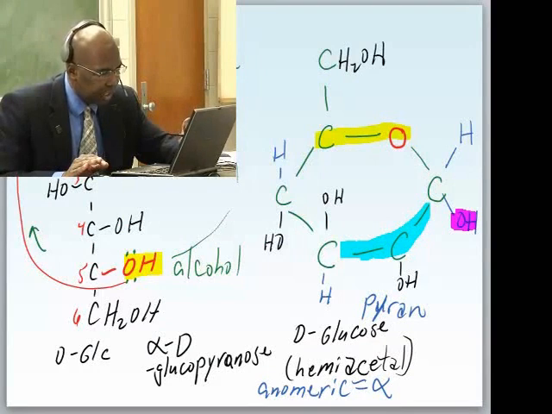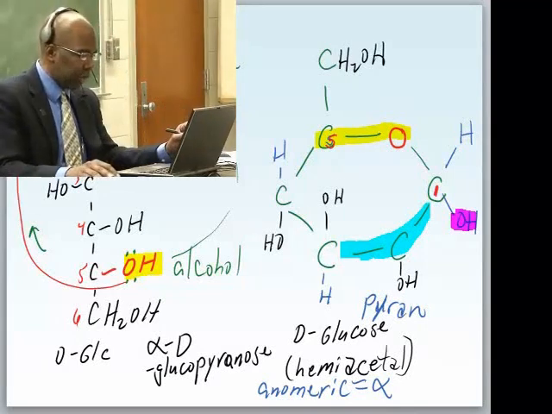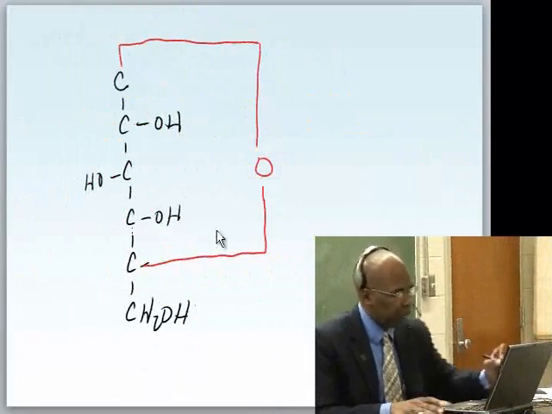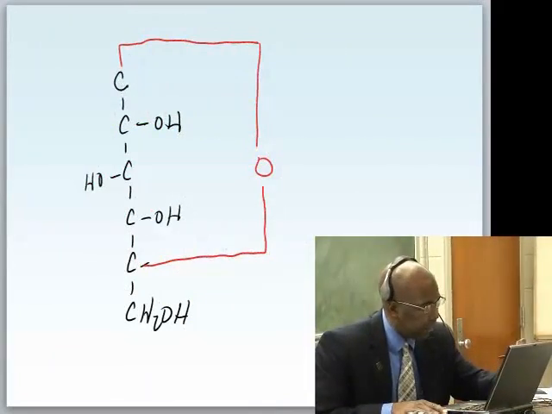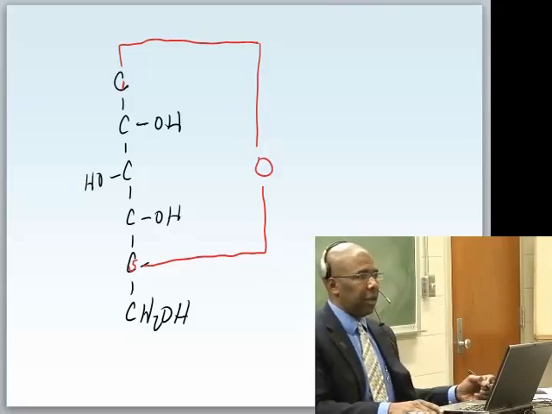That red oxygen is the intermediate between carbon 5 and carbon 1. So there's carbon 1, oxygen, carbon 5. So if we go back to the Haworth projection, and now if we go to the Fischer projection, here's carbon 1, carbon 5. So carbon 1, oxygen, carbon 5.